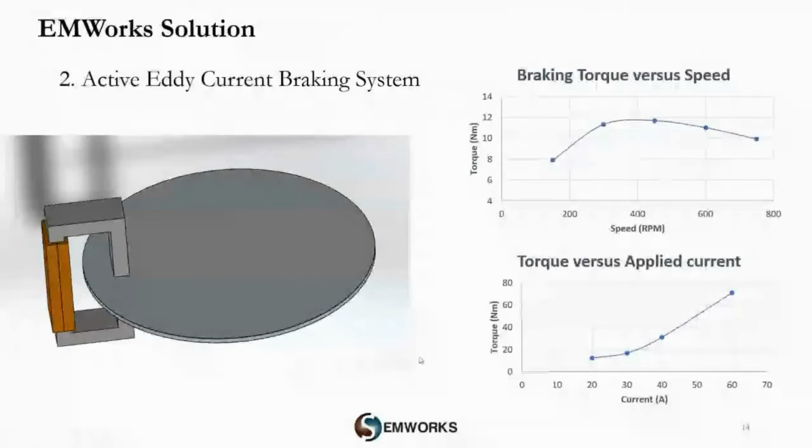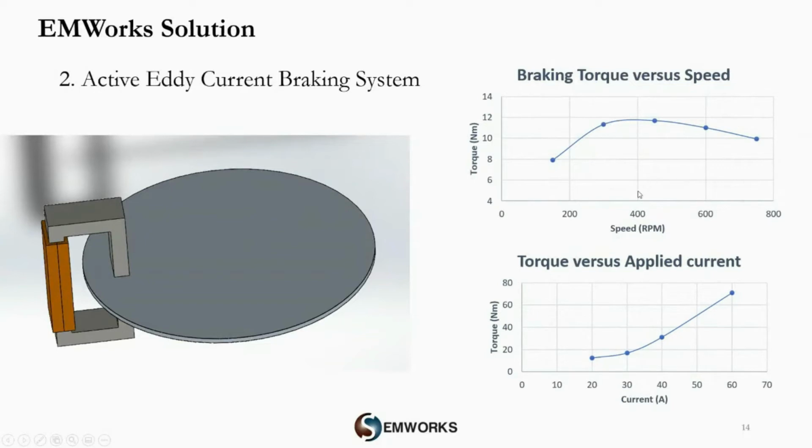Let me show you some other systems. This is another eddy current braking system, active. Active because you have a coil right here, and the disk is rotating. As we observed earlier, and you're going to see it more when we do the actual live demo, torque keeps increasing as a function of speed, but at one point it reaches a maximum and goes down.